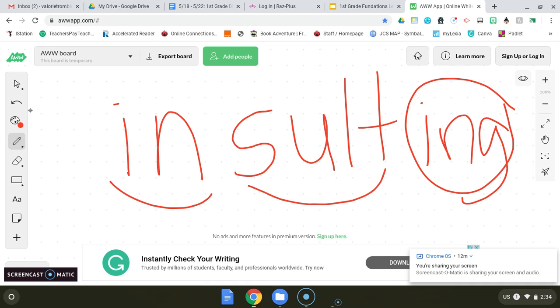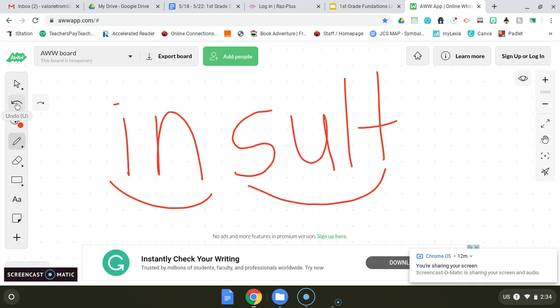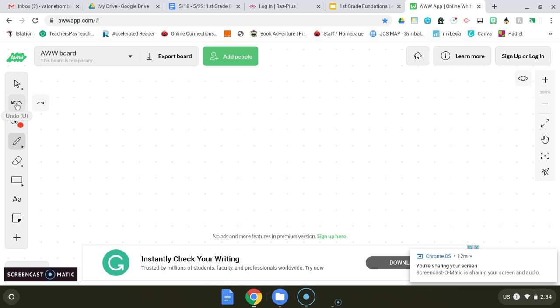Expected. What's our base word? Expect. So I took off just the suffix. Expect, my first syllable. X. Go ahead and write X. My second syllable, I like to go ahead and scoop it so I don't forget. Pect.